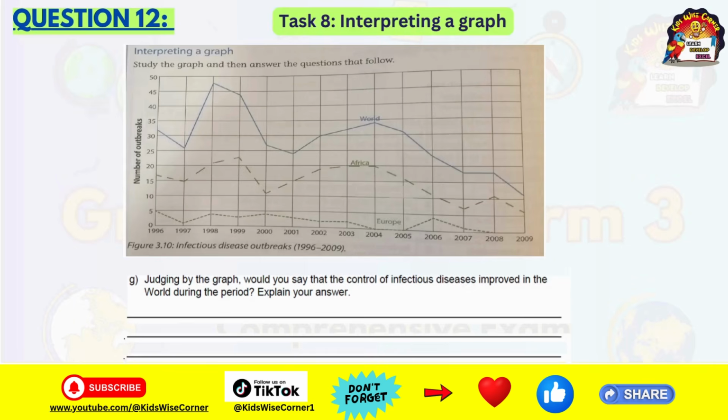Judging by the graph, would you say that the control of infectious disease improved in the world during the period? Explain your answer.